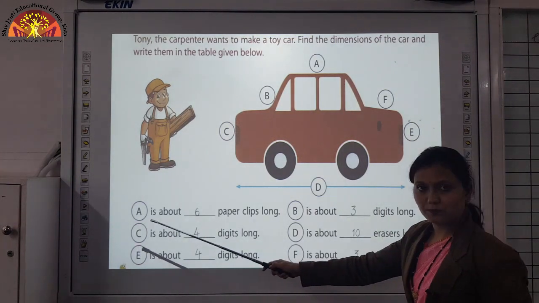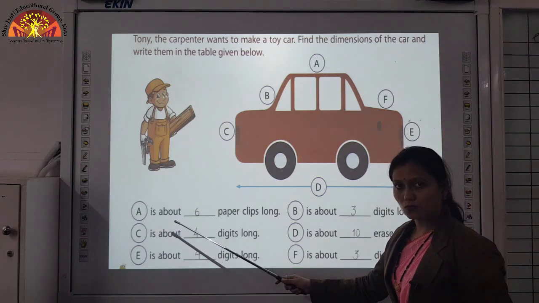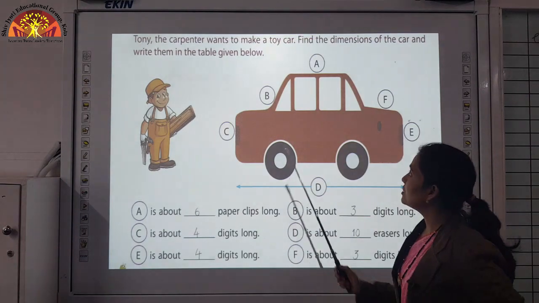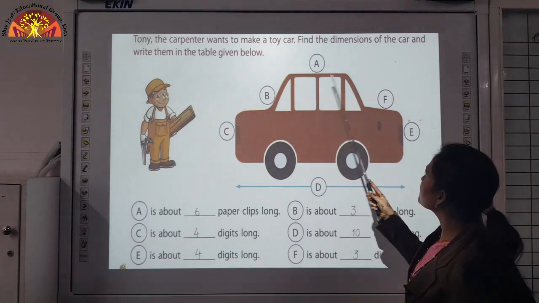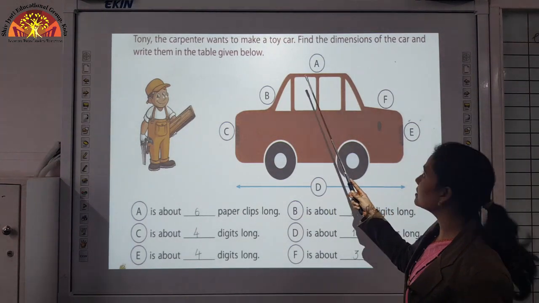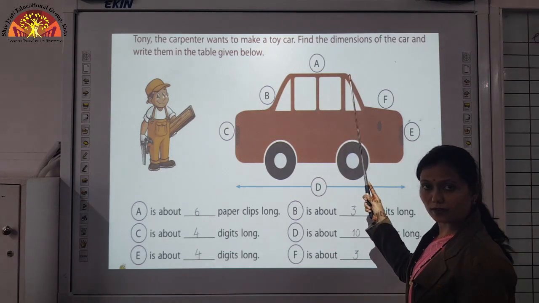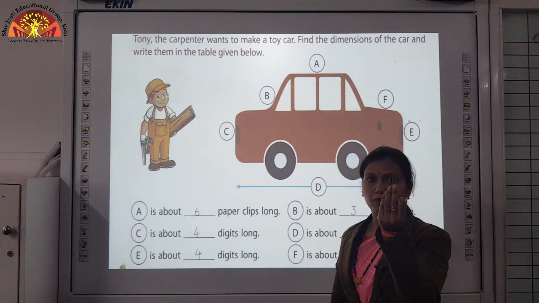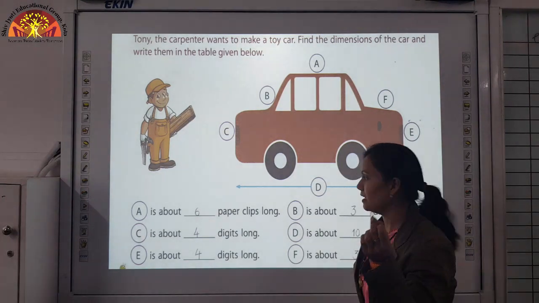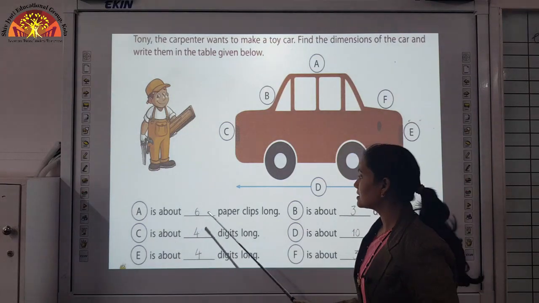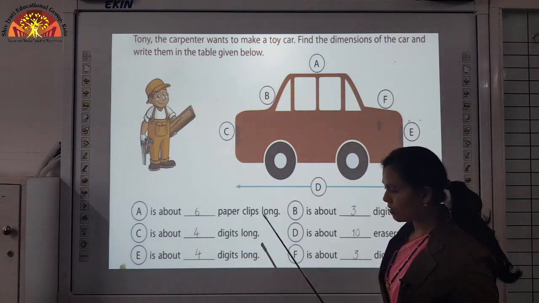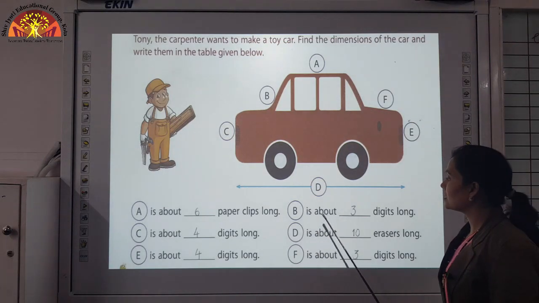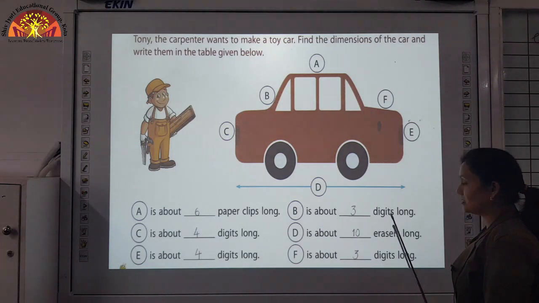A is about dash paper clips long. Here you can see this is A and we have to measure this part from here to here with a paper clip. This is a paper clip. So we can say A is about 6 paper clips long. B is about dash digits long.